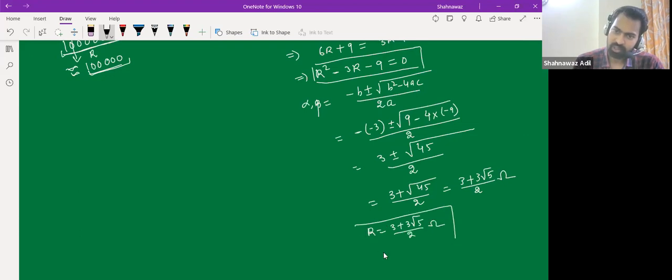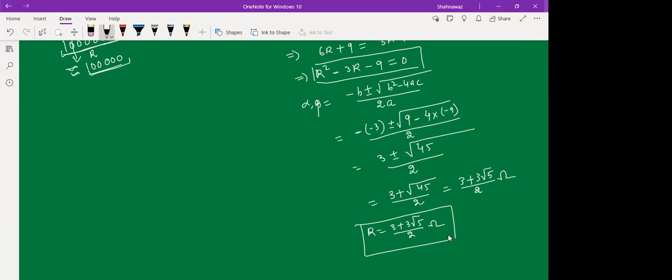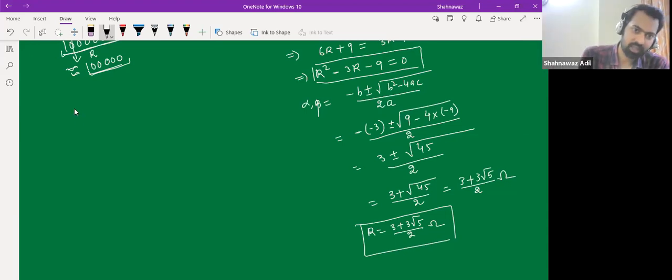Is this clear to you guys? Do you guys have any doubt? No? Okay, so let me just recap. We had this circuit, and this part was repeating again and again.